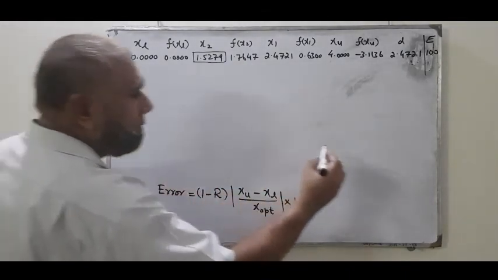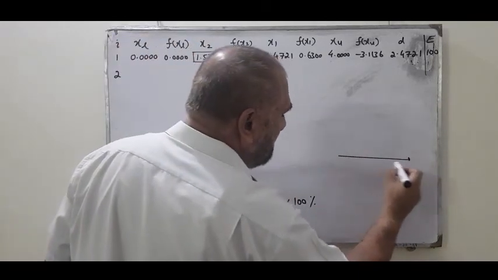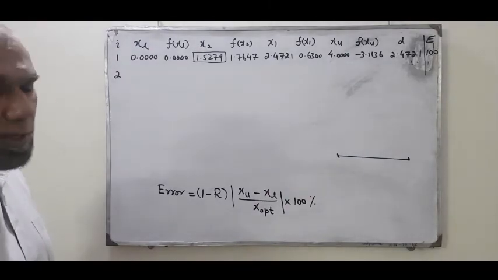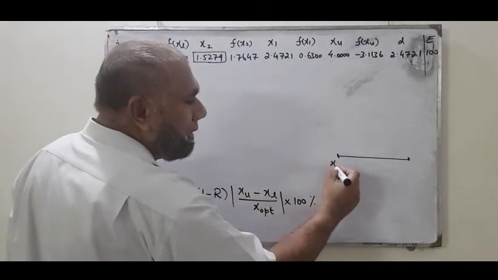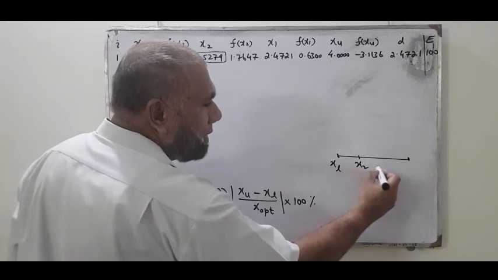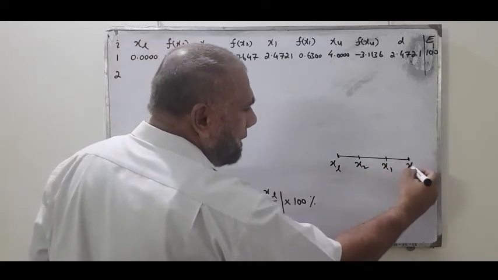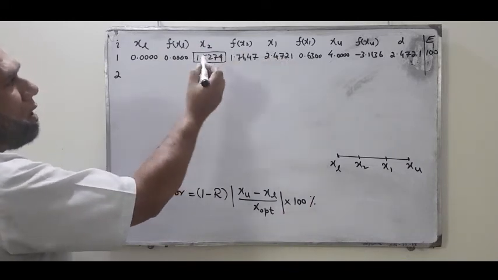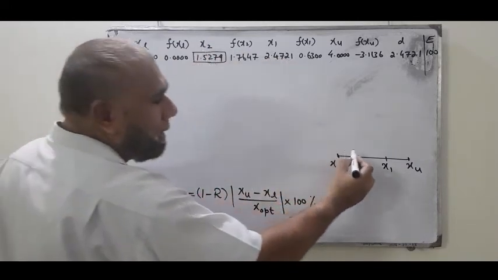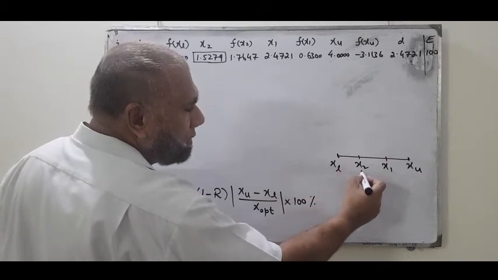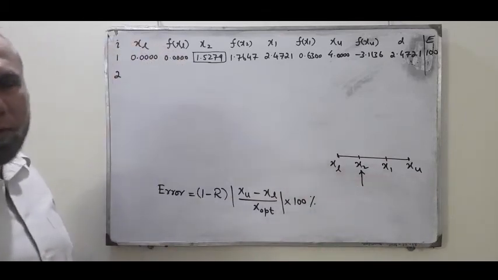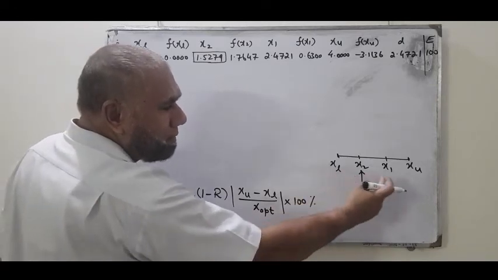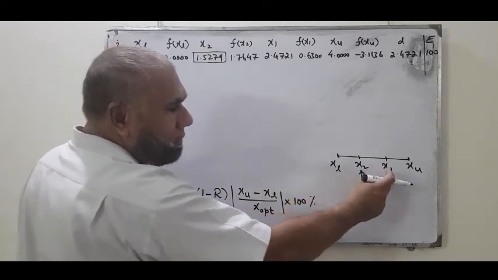So here, if I show the result on this line, how actually we make the changes. This is your left hand point, x2 is here, x1 is here, and xu is here. In the current iteration, the optimum is at x2. So I'm placing myself at x2, and looking around, the other 2 points: on the left we have xl, on the right we have x1.